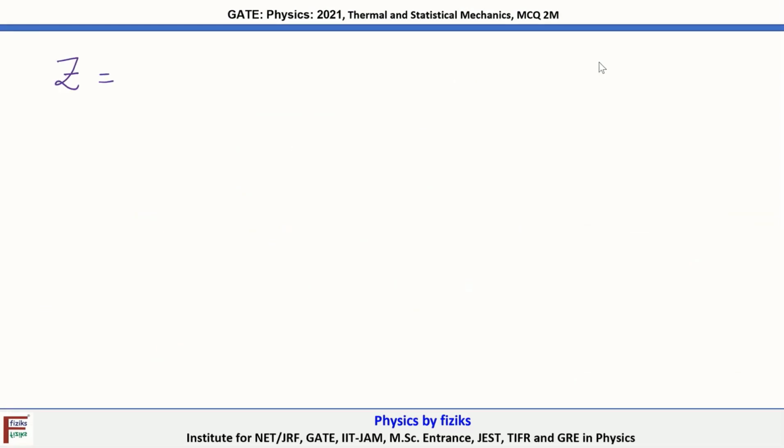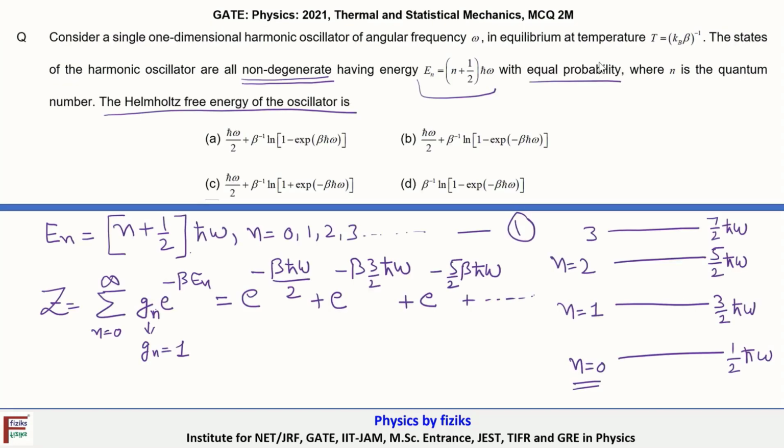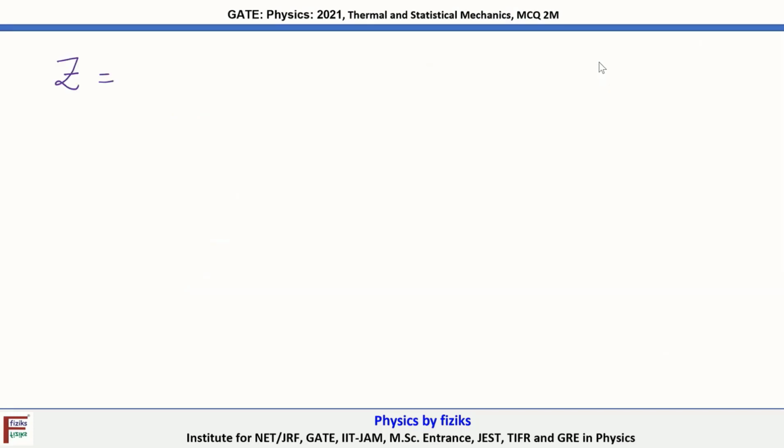Exponential minus beta h cut omega by 2 is common in all these terms, so Z becomes exponential minus beta h cut omega divided by 2 outside, and inside we are left with 1 plus exponential minus beta h cut omega plus exponential minus 2 beta h cut omega plus so on.